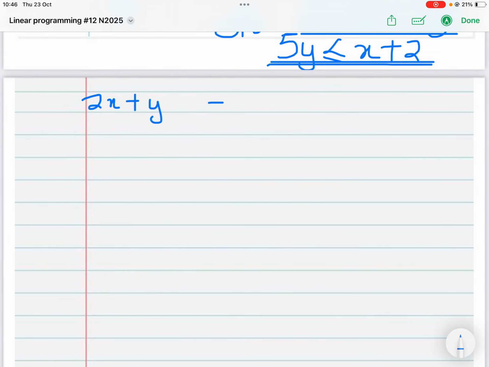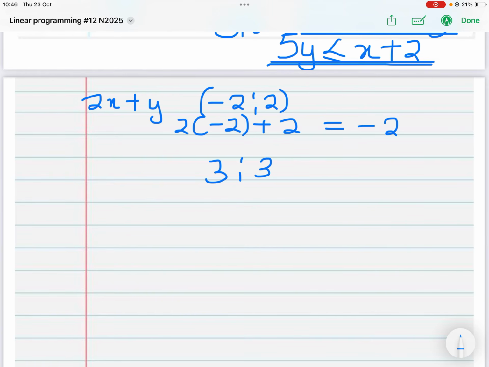The first coordinate, we have minus 2, 2, right? So we say 2 times minus 2 plus 2 in order to get our answer, negative 2. Next, we have the coordinate 3, 3.